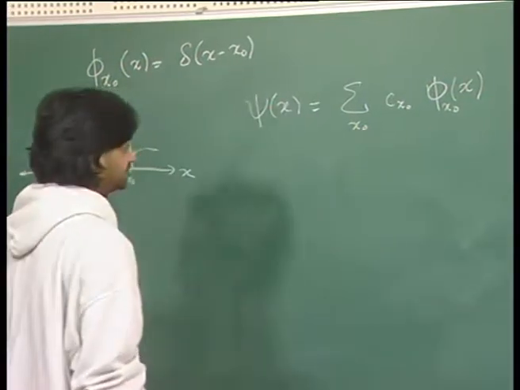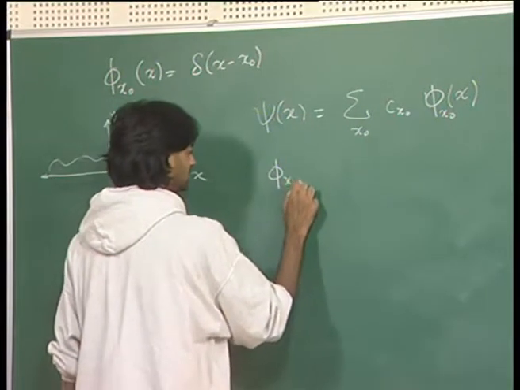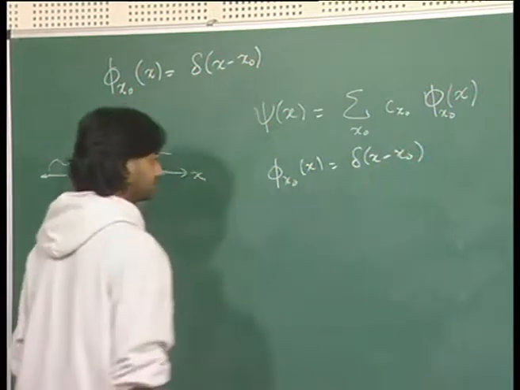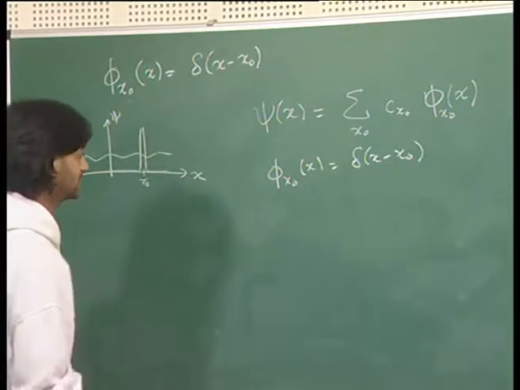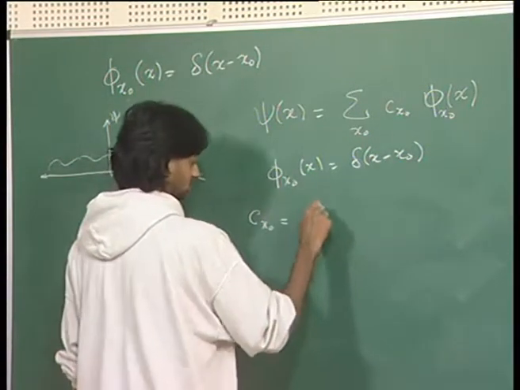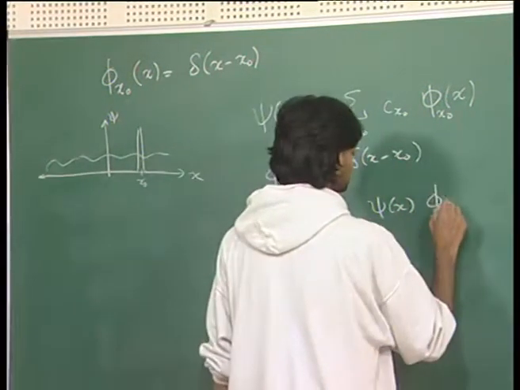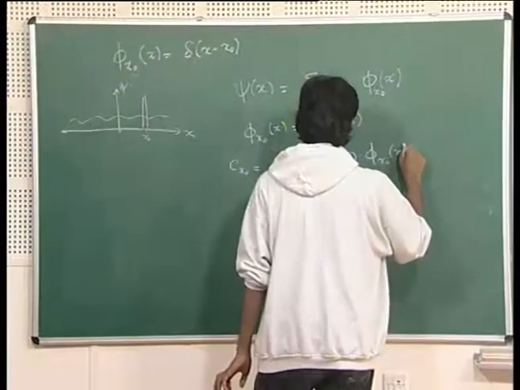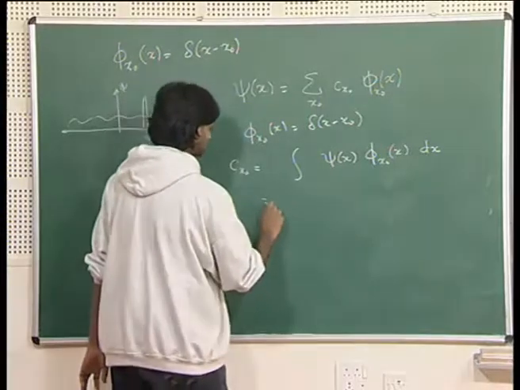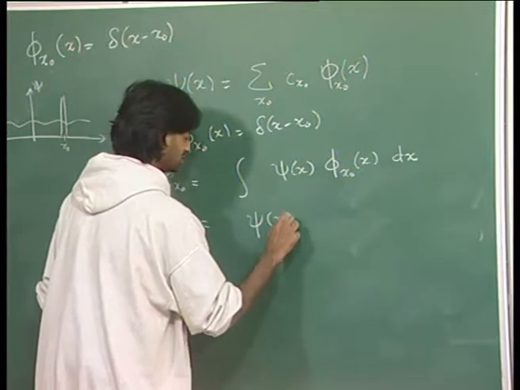Okay, this is a basis function expansion. Now, we saw that phi x0 of x is equal to delta of x minus x0. Okay. And c of x0 is equal to the integral of psi of x phi x0 of x dx. Okay. And this is nothing but c of x0 is nothing but psi of x0.